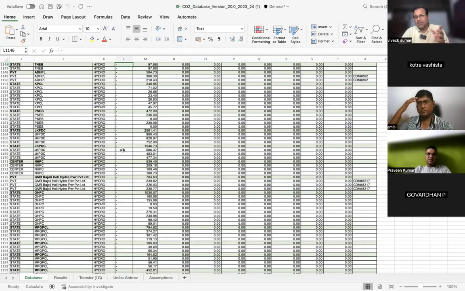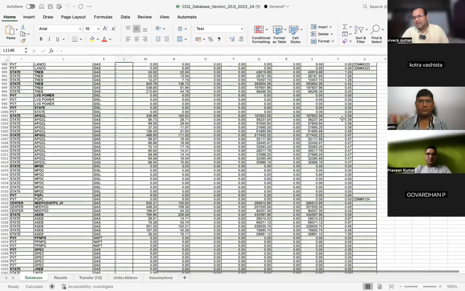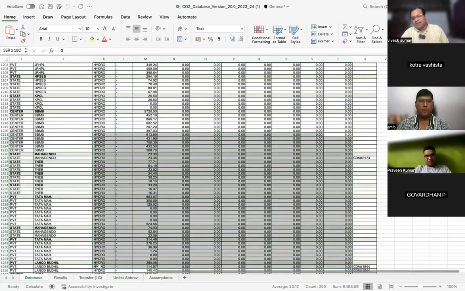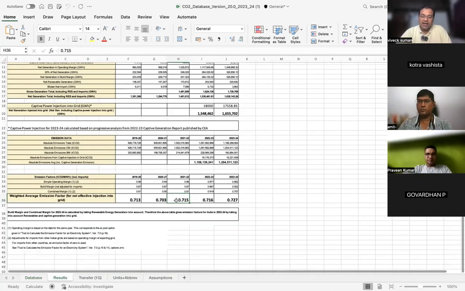That is the number we are talking about here, but they are considering zero. If it is a hydro mix, of course your emission goes down. That's why you should always take your region, your location, and then calculate it. Clear? Ideally you should be taking this.